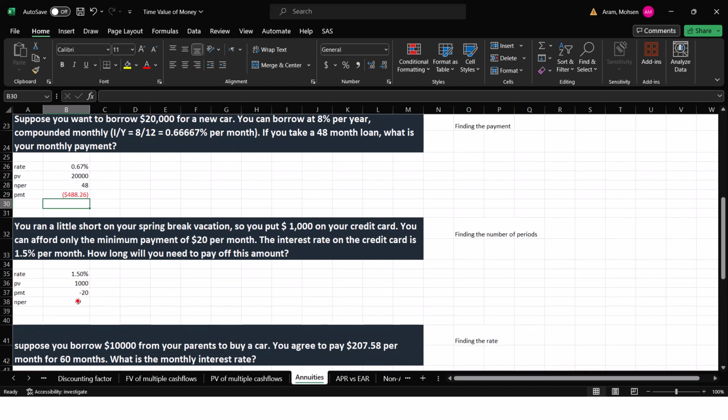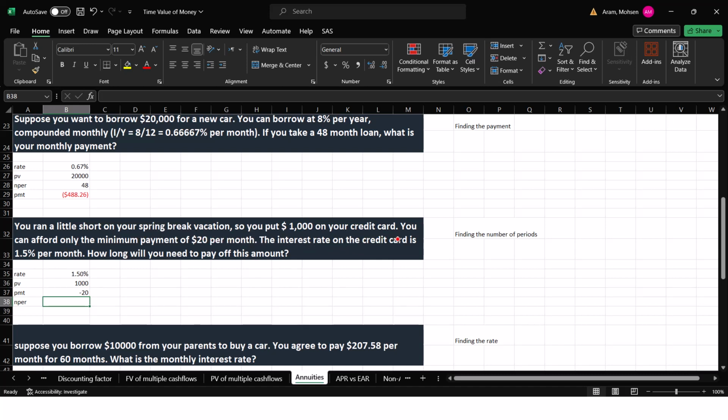We can also look at, for example, how long it takes to pay off the loan in this case. So let's say you ran a little short on your spring break vacation and you put $1,000 on your credit card and you can afford only to pay the minimum payments of $20 per month.